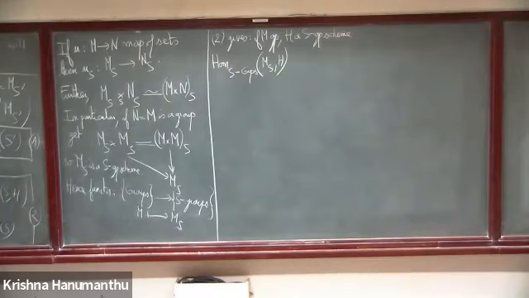So for each m, we have to give an element here. So I can also write this as a Hom. This is the same thing as Hom in the category of sets from M into H(S).